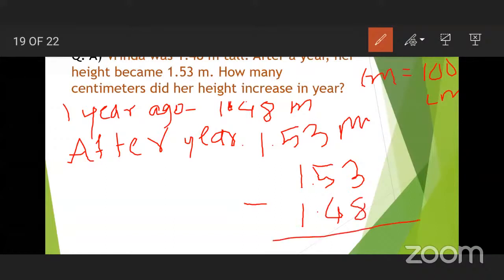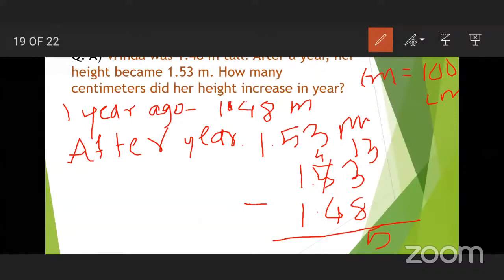Now do the subtraction. 3 minus 8, we cannot, so we will borrow from 5. So 13 minus 8 is 5.